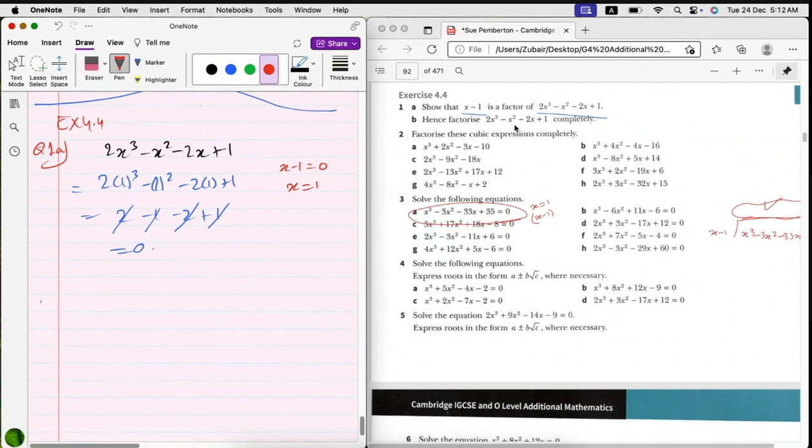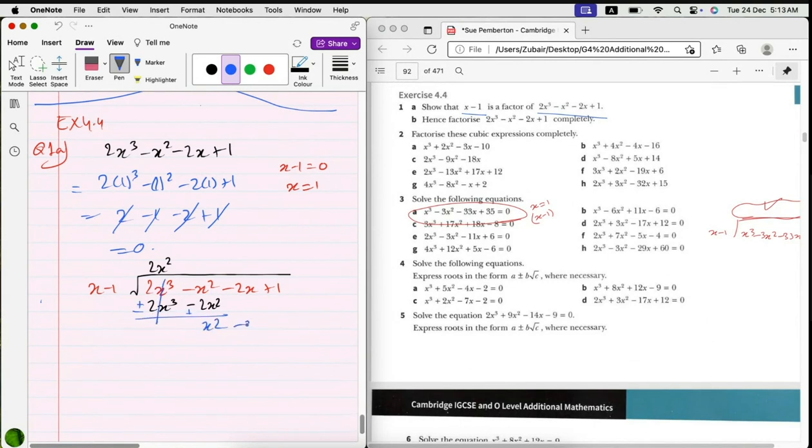Now it says factorize completely. 2x cube minus x square minus 2x plus 1, and we go for division to get the quadratic factor. Multiply with 2x square and get 2x cube. The second one comes with minus 1. Sign change.